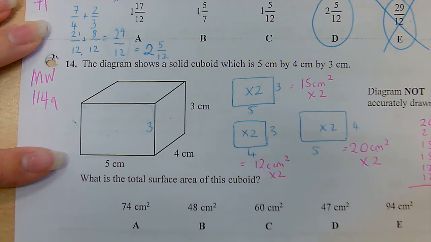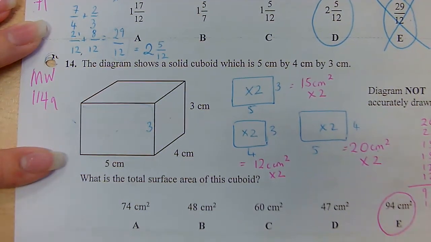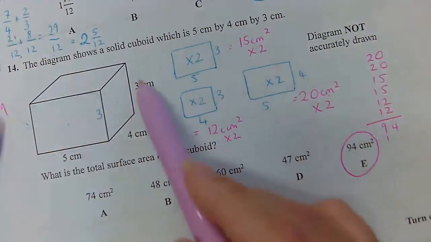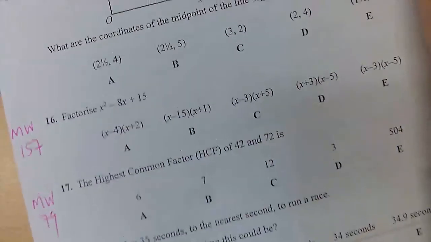So 94 centimeters squared. Okay. Cool. But for me personally, I'll always draw out my missing sides just so I don't forget. And we can do a nice easy check there that we had 6 sides.